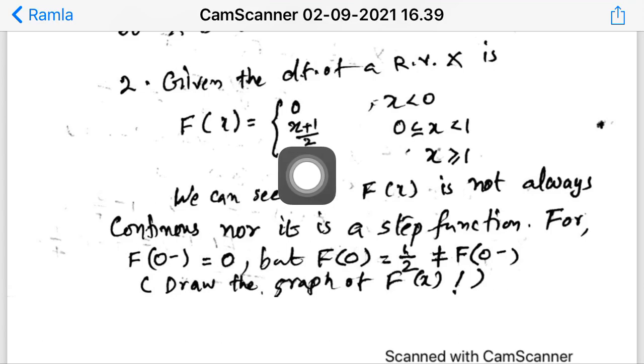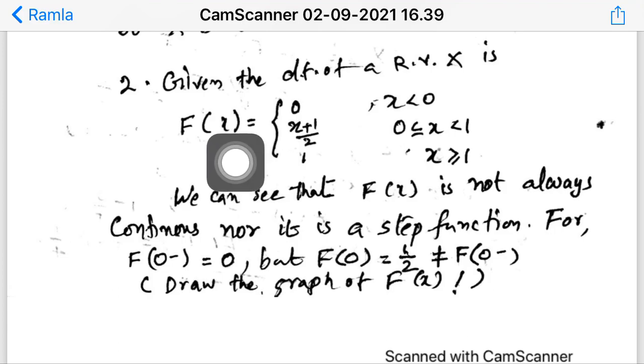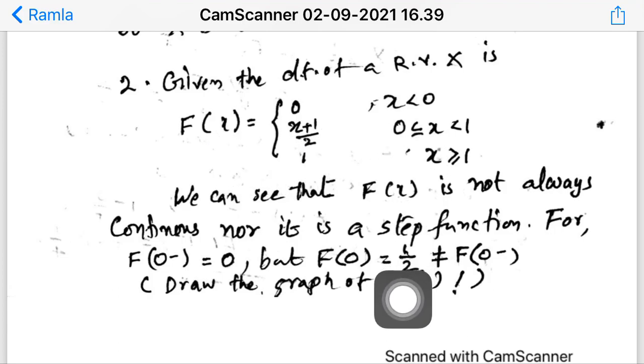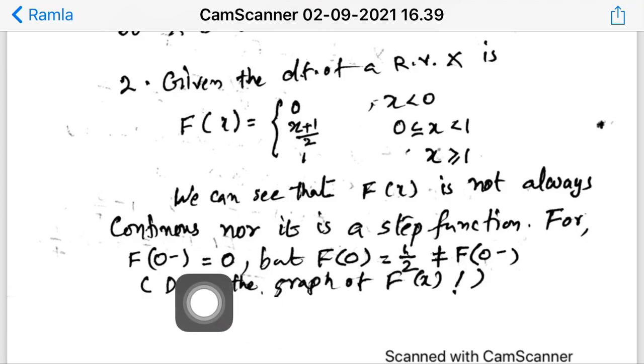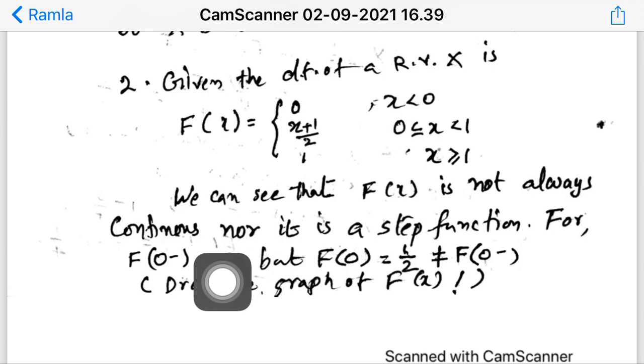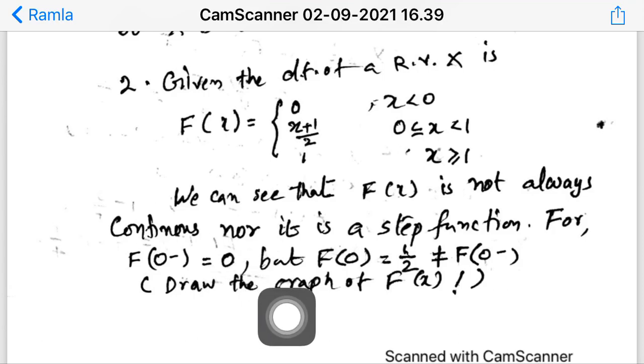So you put x equal to 0, and you get F(0) equal to 1 by 2. Right? So F(0-) and F(0) are different. At x equal to 0, there is a jump.